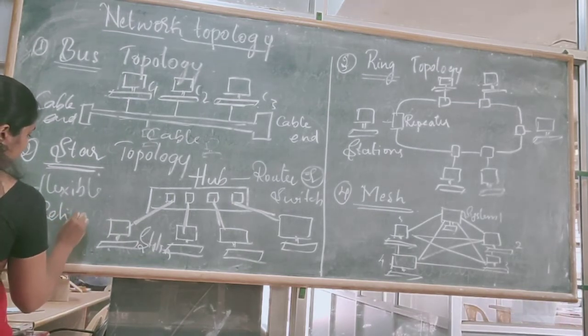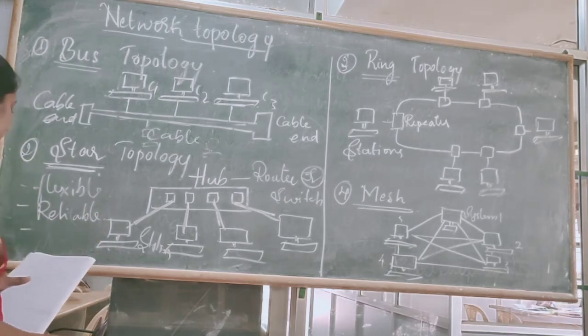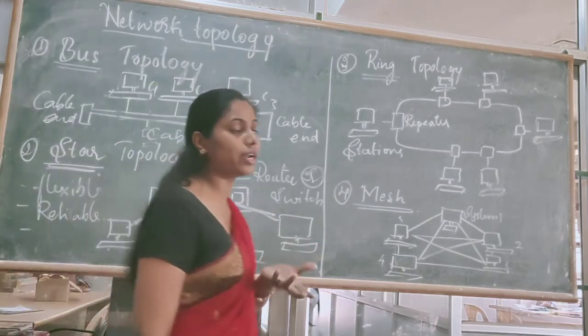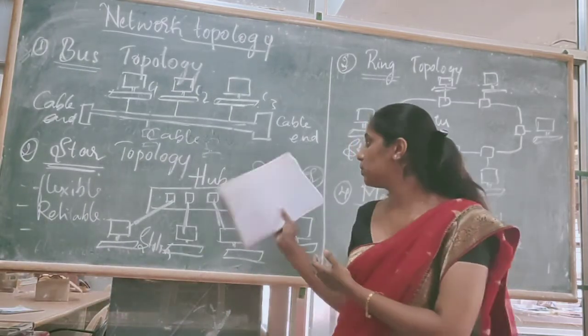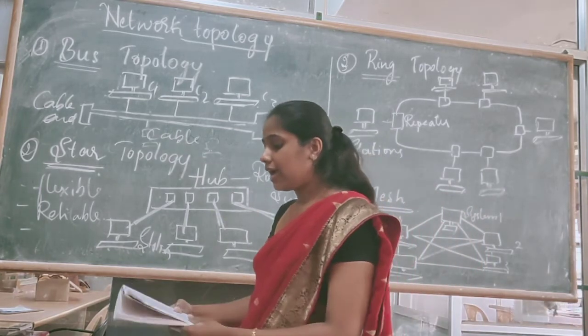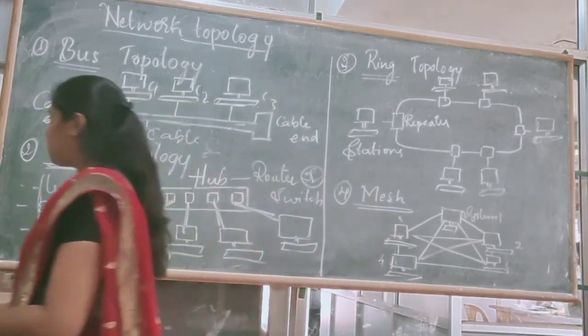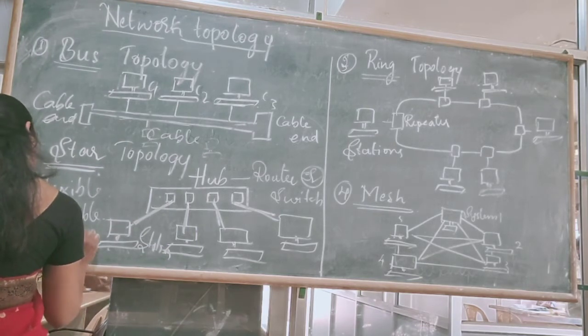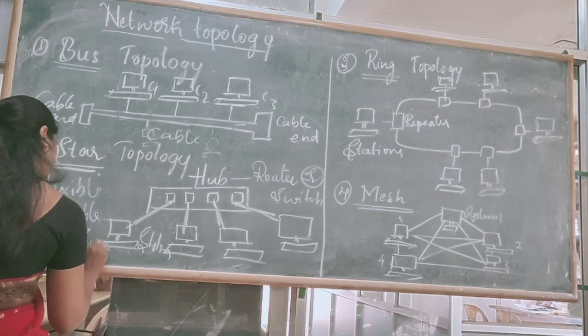The failure level is very low. And the third one, maintainability: more maintainability is needed, as there is a switch and router. The maintainability is high, and high speed data transformation, the speed is very high. These are the characteristics of star topology.